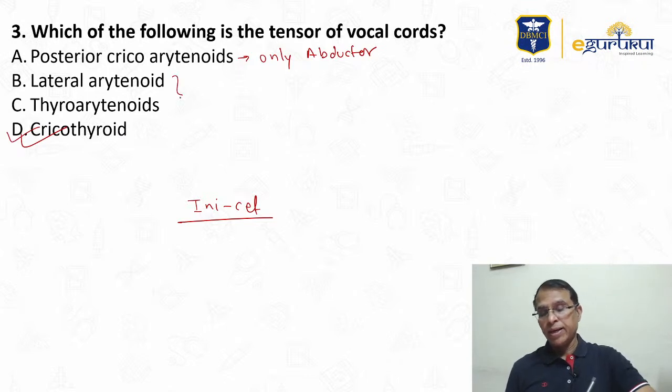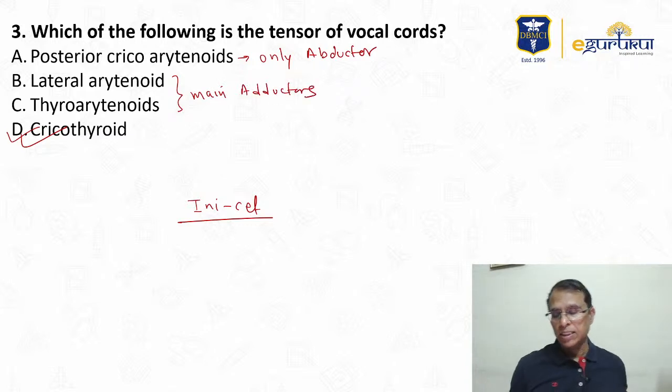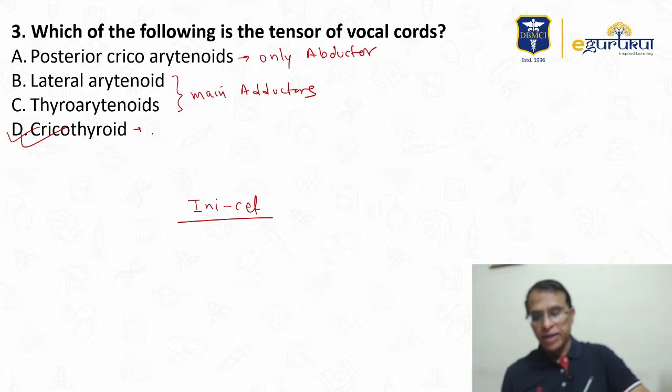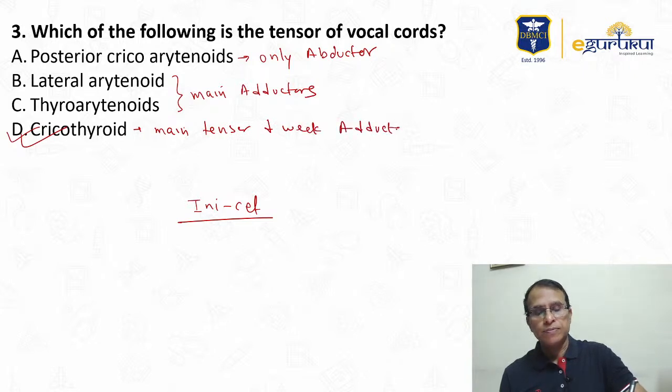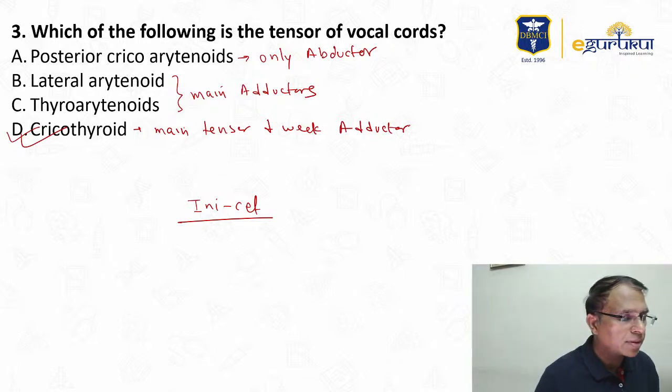And these are the main adductors. And cricothyroid is the main tensor and also a weak adductor, isn't it?